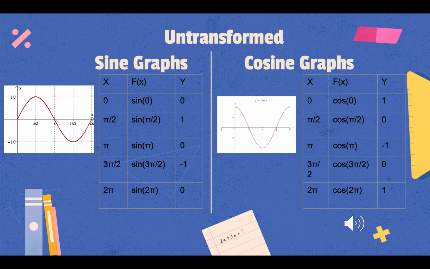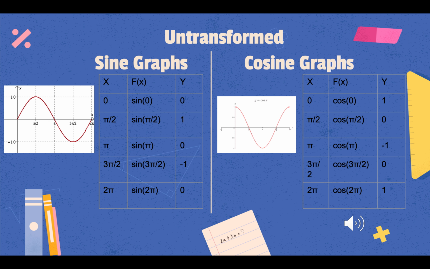To kick us off, I want to touch on what an untransformed sine and cosine graph looks like and what those points of reference typically are. So we know that without transformations, a sine graph is going to look similar to the letter N, and the cosine graph is going to look like a U. So this is with no reflection over the x-axis and no transformations being applied to it.